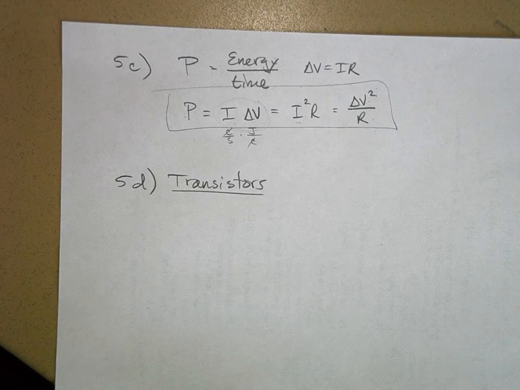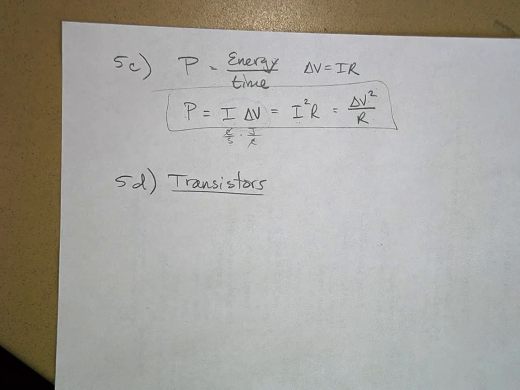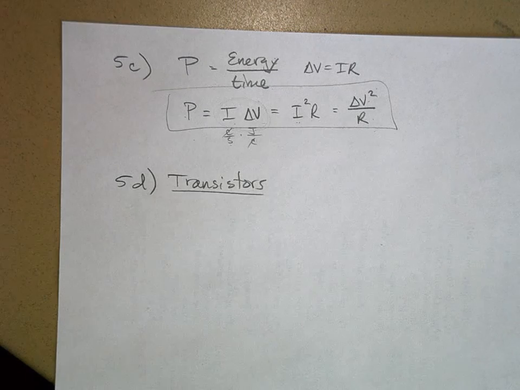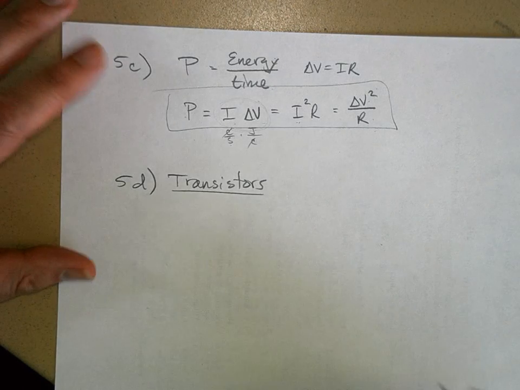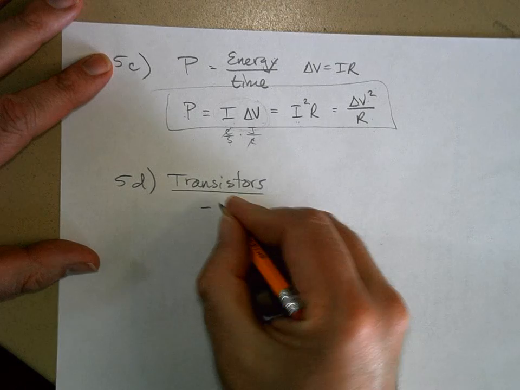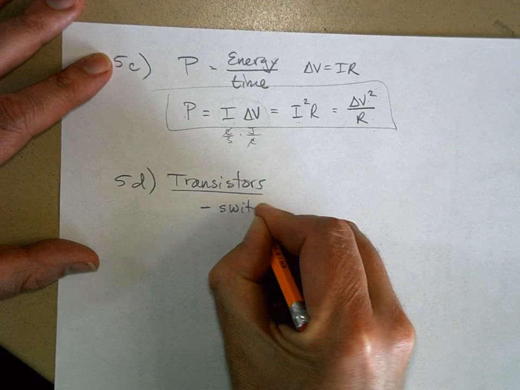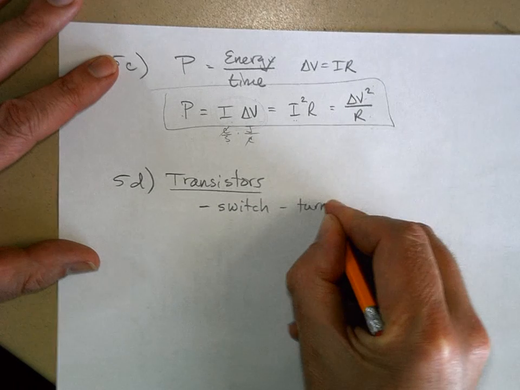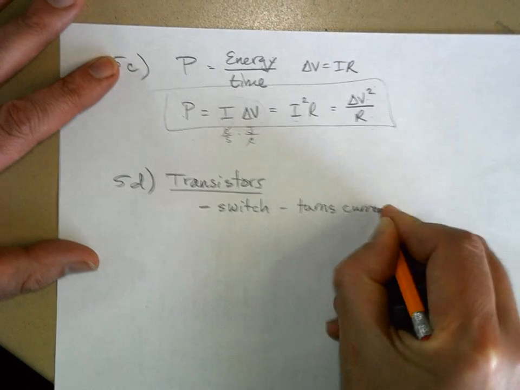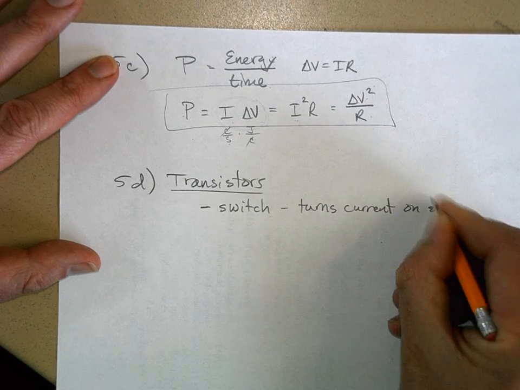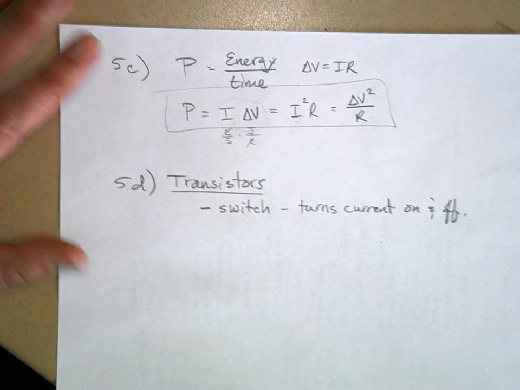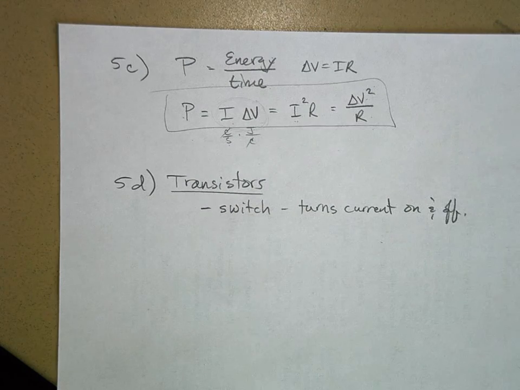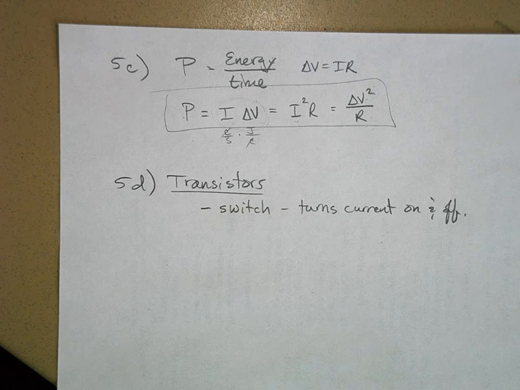Now, what is a transistor? It's a sweet little simple device that does one of two things. It acts as a switch. What does a switch do? It turns current on and off, doesn't it? I mean, that's what a light switch does. We have a light switch in this classroom. We turn the lights on and off with a switch.